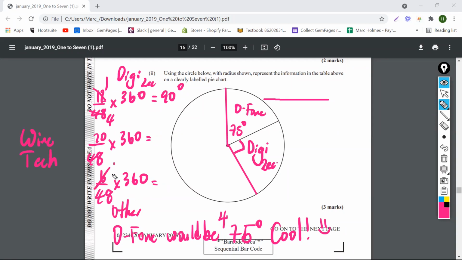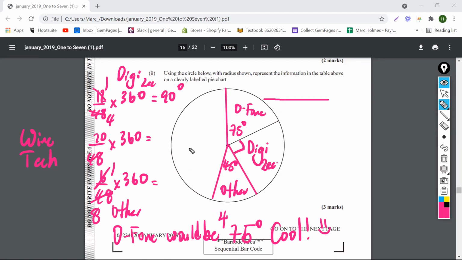So 6 goes into 48 how many times? 8. And 1/8 of 360 would be 45 degrees. So there's one that's 45 degrees, and I think that would be like this. So there's a 45-degree angle for other. So other would be 45 degrees.